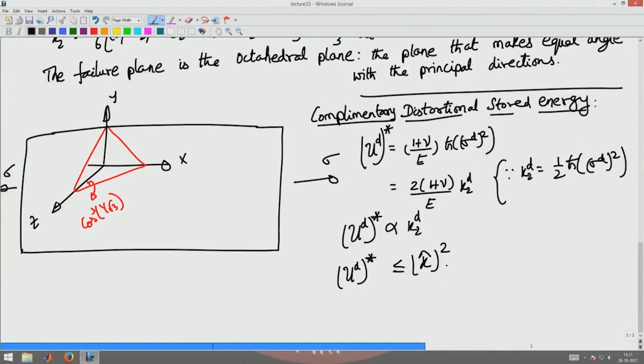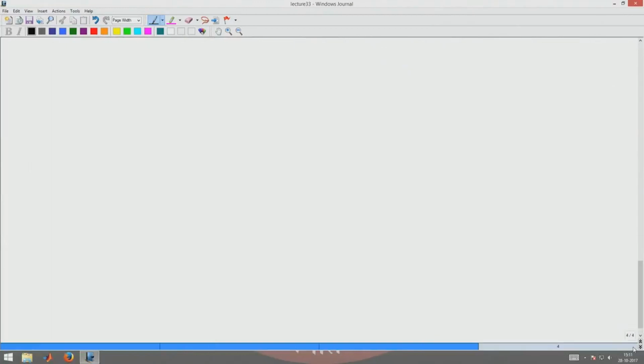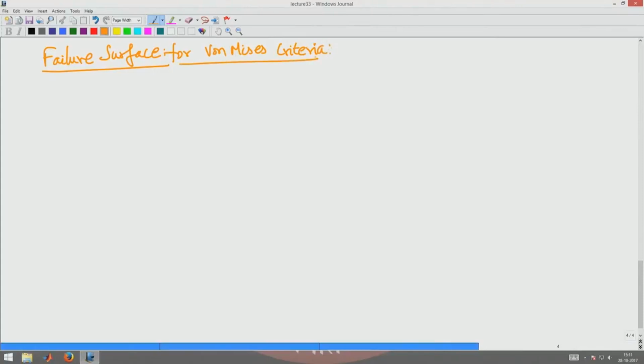Next, let us go ahead and construct the failure surface for the von Mises criteria.